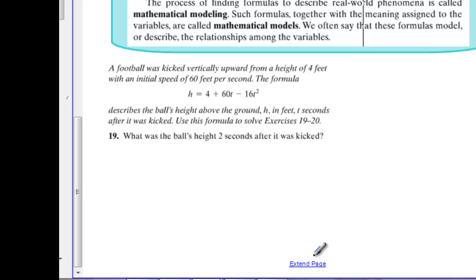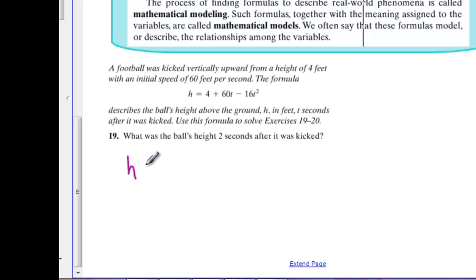So if it says, what's the ball's height 2 seconds after it was kicked, how do we find that? Yeah, we plug the 2 in, right? Because it says 2 seconds after, and that's our time. We're going to plug it into the t.